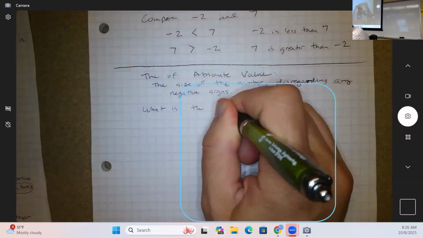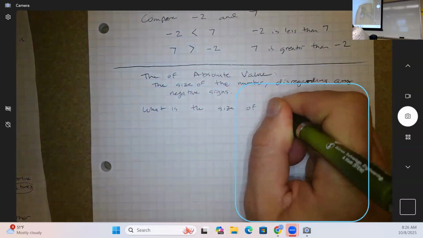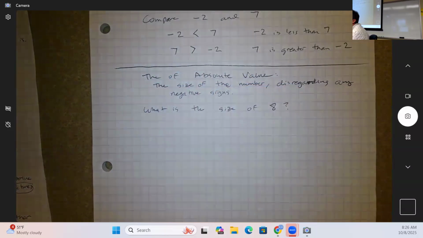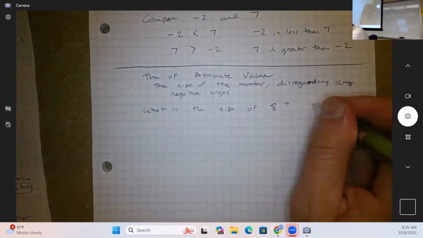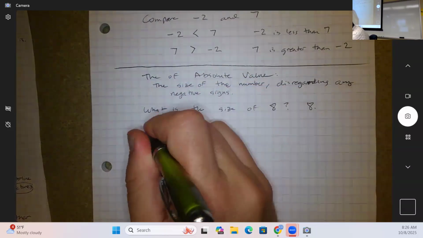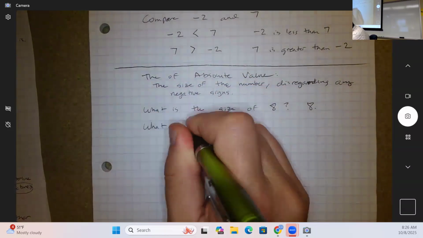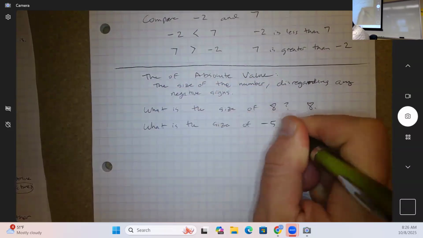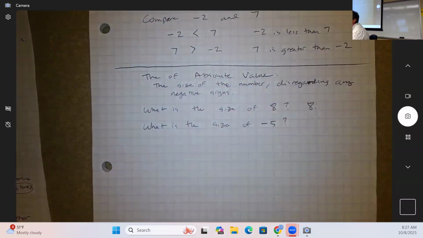What is the size of the number 8? 8, yeah. What is the size of the number -5? 5, because I don't care about any minus signs. I'm just looking at what's its size.